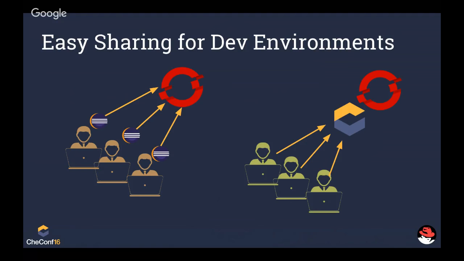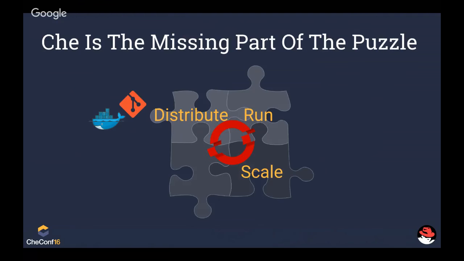So that's a cool thing, and that's also the reason why Che is really the missing part of the OpenShift puzzle. Currently, with OpenShift, we can distribute applications as Docker images or with source code.